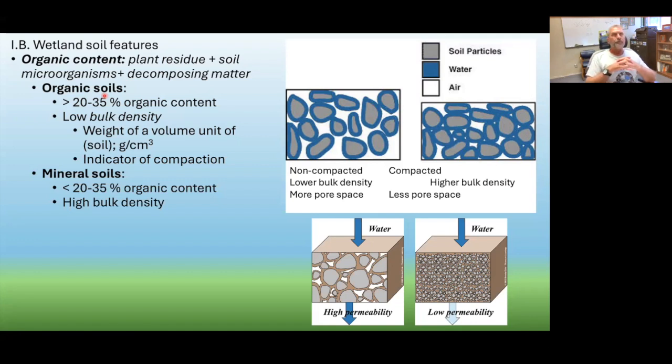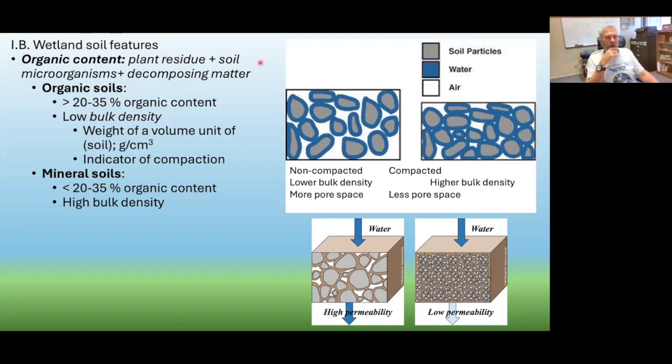So this density is really important. We measure this usually in a unit of mass or weight over a unit of volume, so grams per cubic centimeter, for instance, is one example of those. And really what this is an indicator of is compaction.